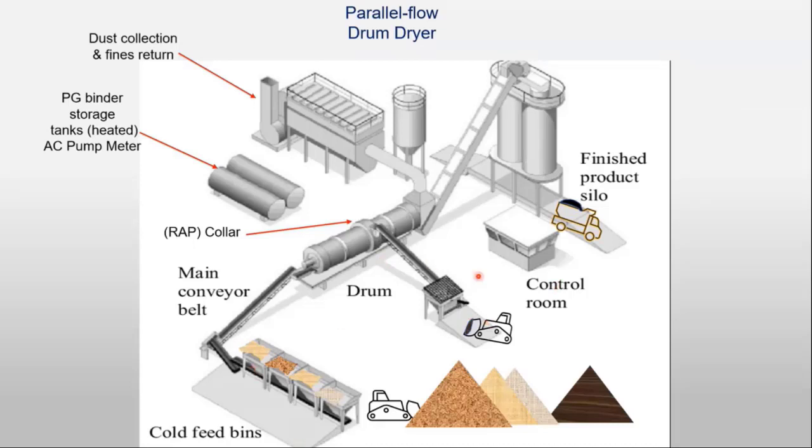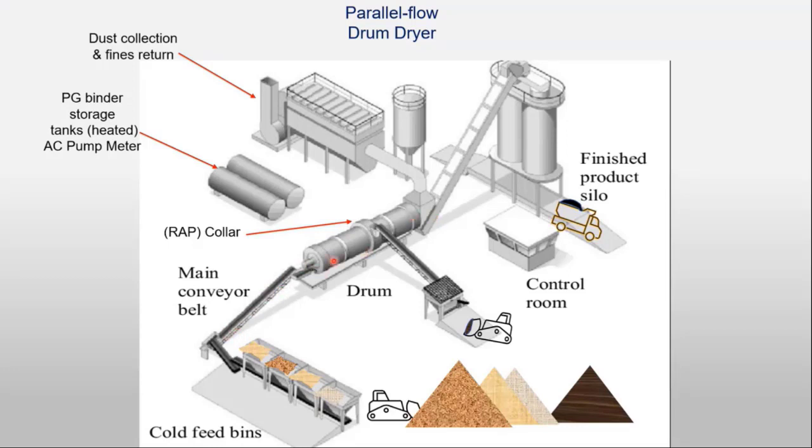Here's an overview. You've got your stockpiles that were made earlier, and then you've got your cold feed bins that all of the different stockpiles go into. You've got an aggregate supply system, and this belt here is the charging conveyor that has the cold feed coming up to the drum.